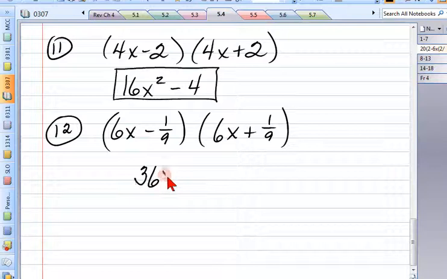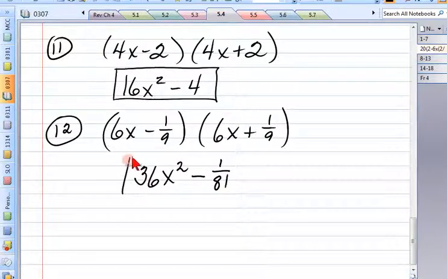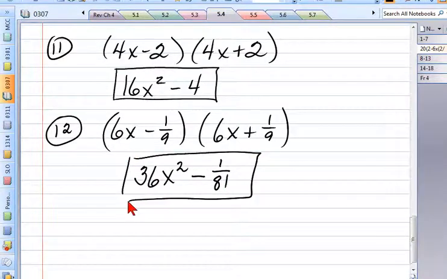It is 36x squared. I don't have to worry about the outers and inners because they're going to be opposites. So I multiply the last. I know it's going to be negative. Multiply the tops. 1 times 1 is 1, and 9 times 9 is 81. Negative 1/81. No more groaning. That's it. That was not bad.